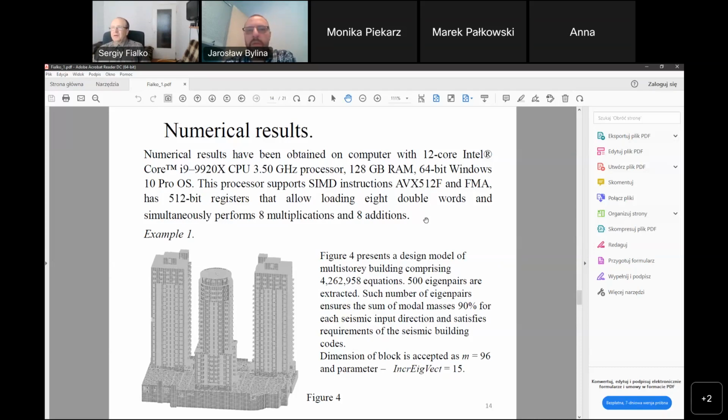And one more question about the accuracy of this method and Lanczos, which is better, because you compared the speed of Lanczos and this method. So what is the accuracy of this?